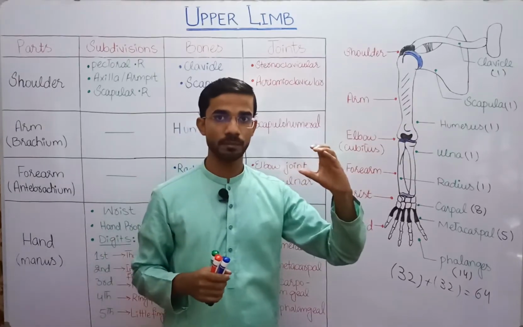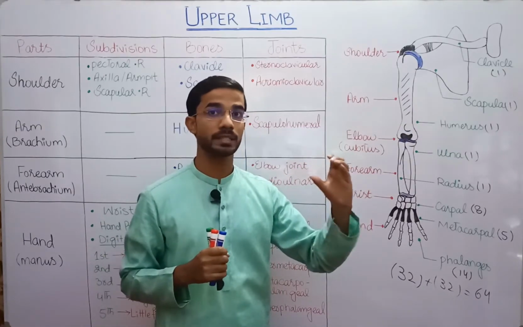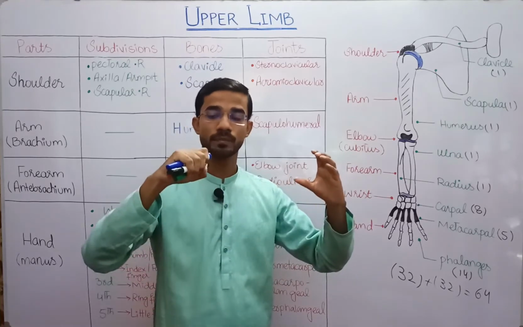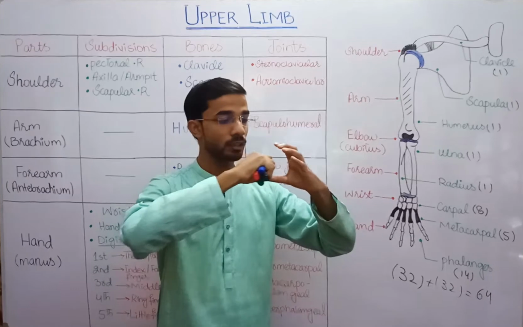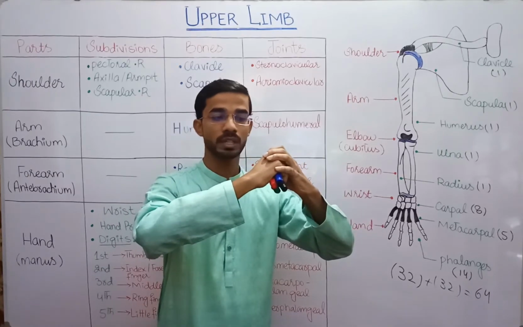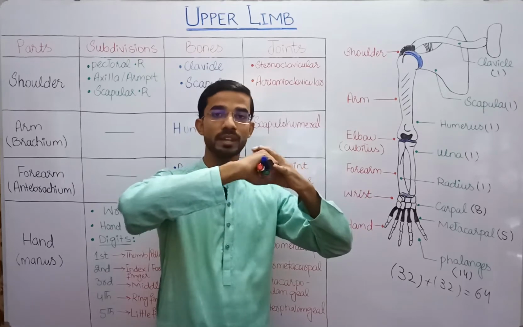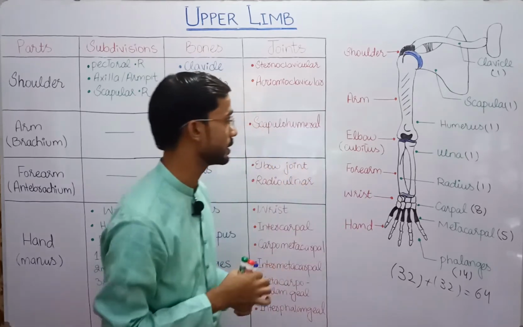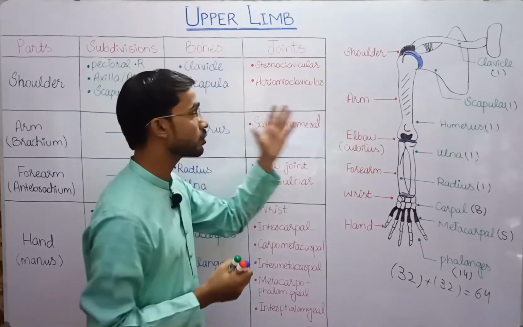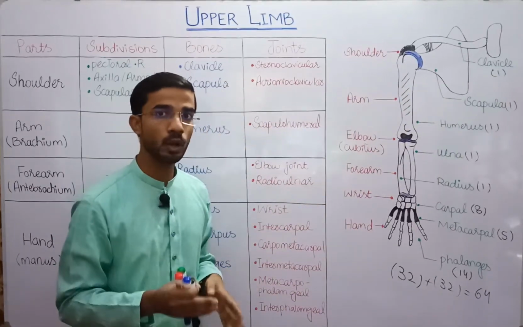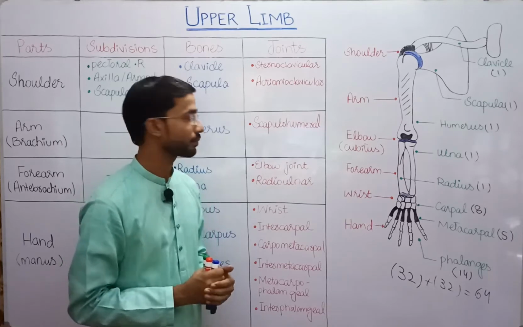There is a cavity in the scapula called the glenoid cavity, and here you can see this is the humerus head. The humerus head fits in the glenoid cavity, and they can move or rotate easily. So the joint formed between the scapula and the humerus is called the scapulohumeral joint.